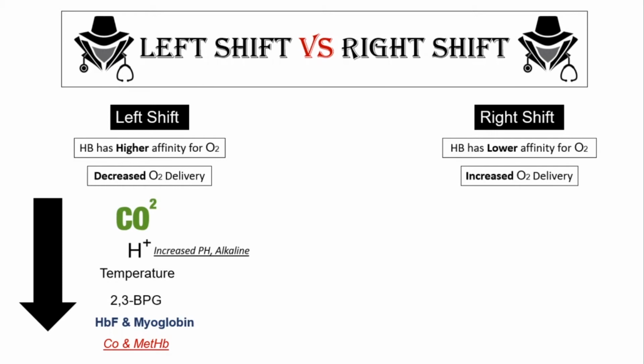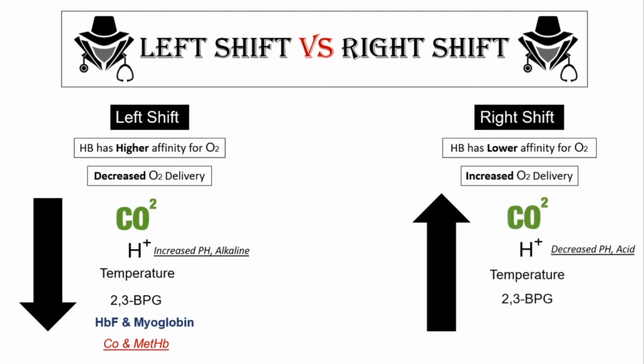For the right shift, it is the exact opposite. So the causes are increase in CO2 level, in hydrogen ions levels, in temperature, in 2,3-BPG, and conditions in which the body needs increased oxygen delivery, like exercise and high altitude.